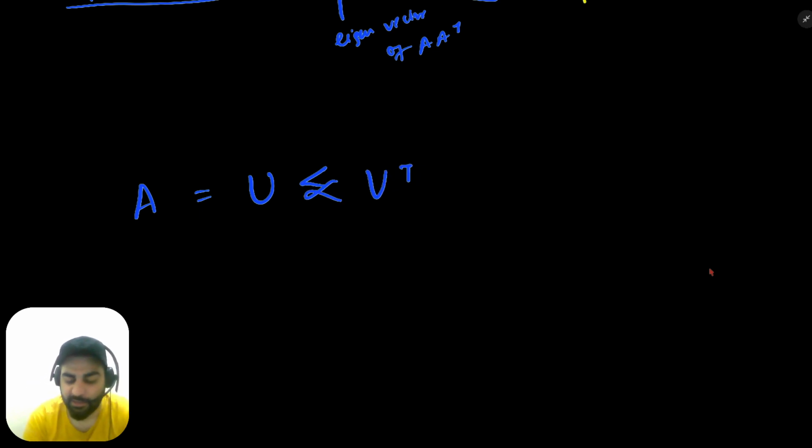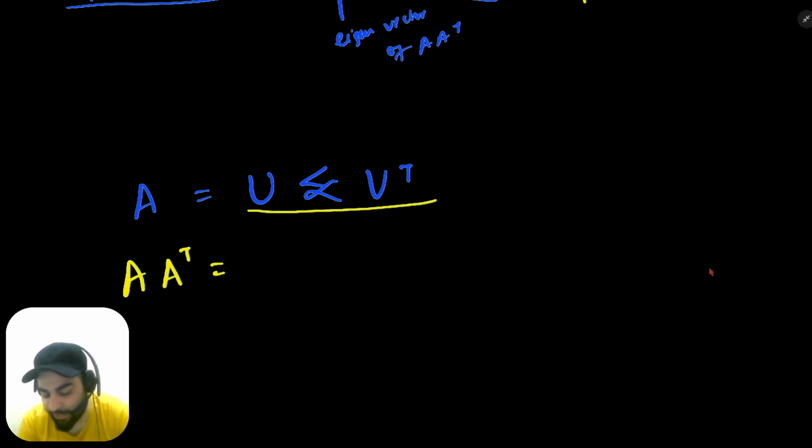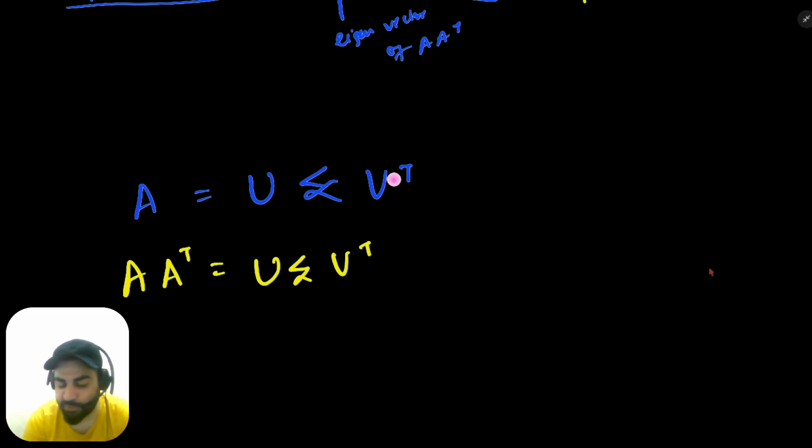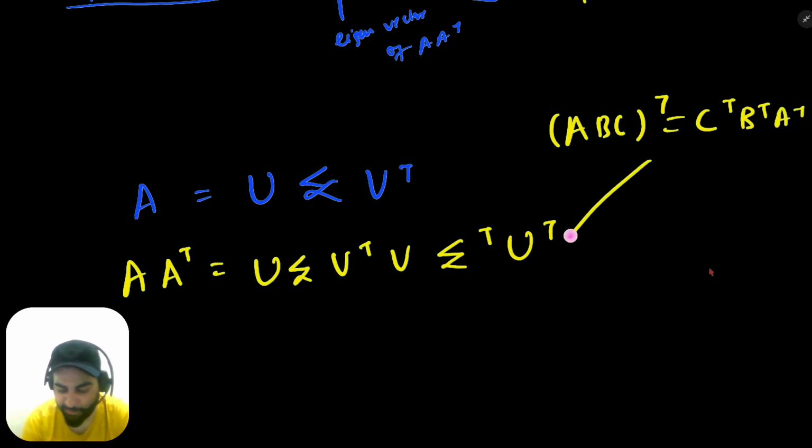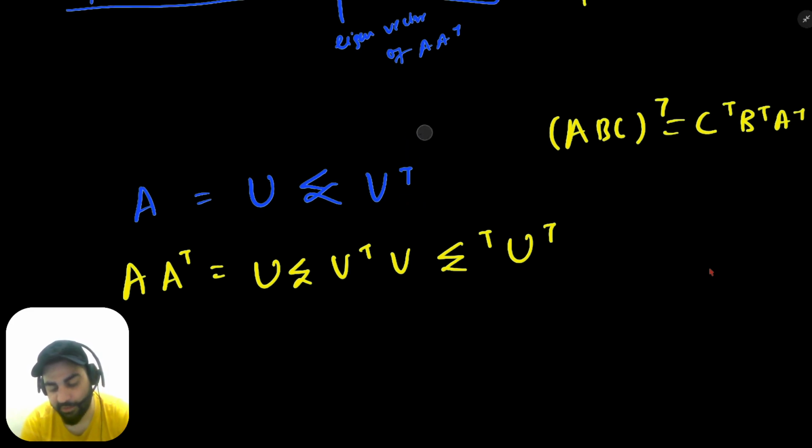Then A transpose means reversing everything: it becomes V, sigma transpose, U transpose, because I'm transposing the whole thing. You know that A B C whole transpose is equal to C transpose, B transpose, A transpose. That's the property I'm using here, and that boils down to V sigma transpose U transpose.